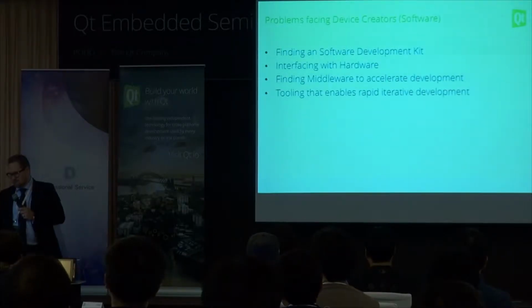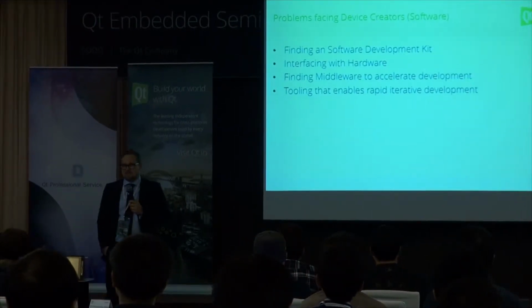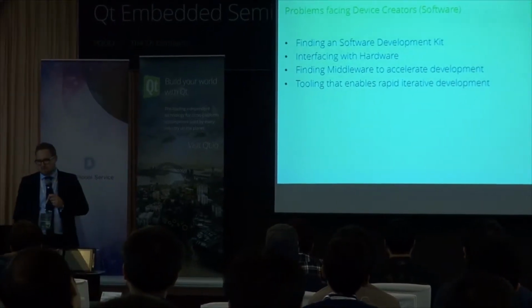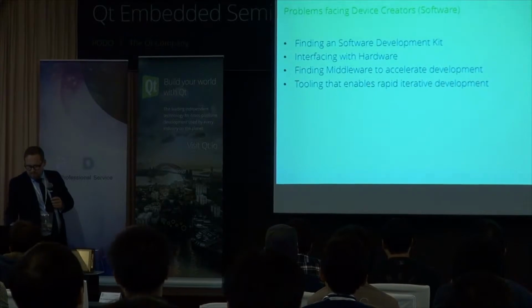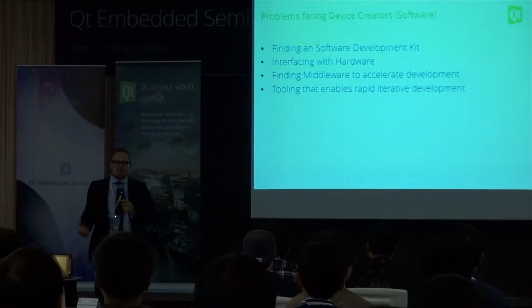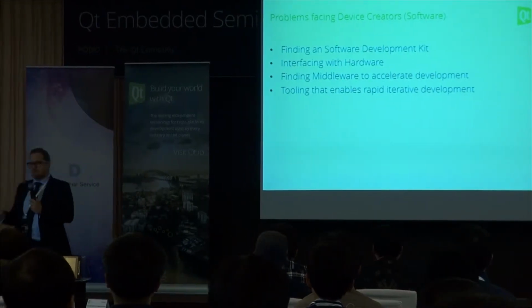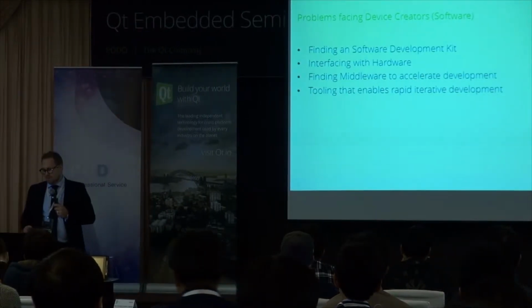Okay, let me just get right to it. Being an embedded developer is not always very easy, and there's a number of challenges in this industry. It begins, I think, very much in the embedded space with the simplest of things. You have to find a proper software development kit.